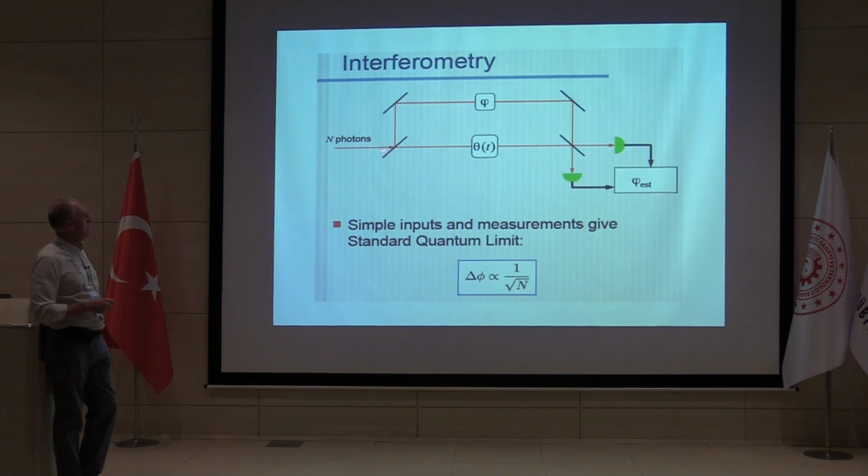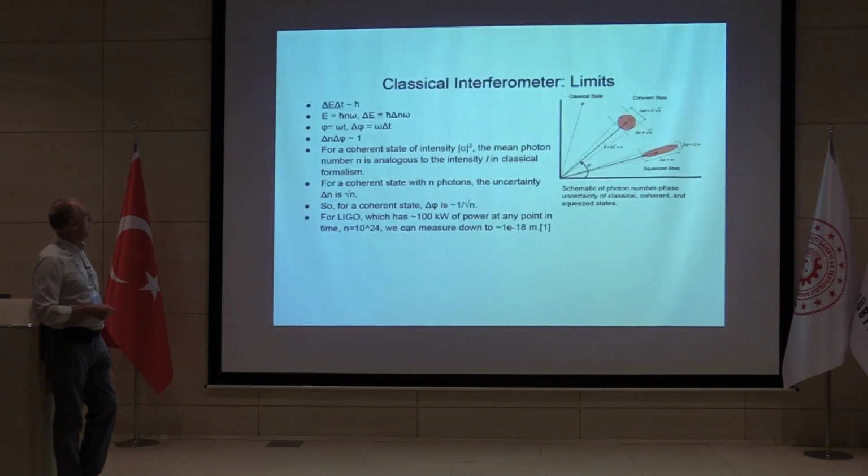Well, this is a conventional horizontal interferometer, and the accuracy of evaluating the modulation of the phase is proportional to 1 over square root of n, where n is the average number of photons used for this measurement. How come? Well, we all know the uncertainty relationship, delta E delta t is h bar.